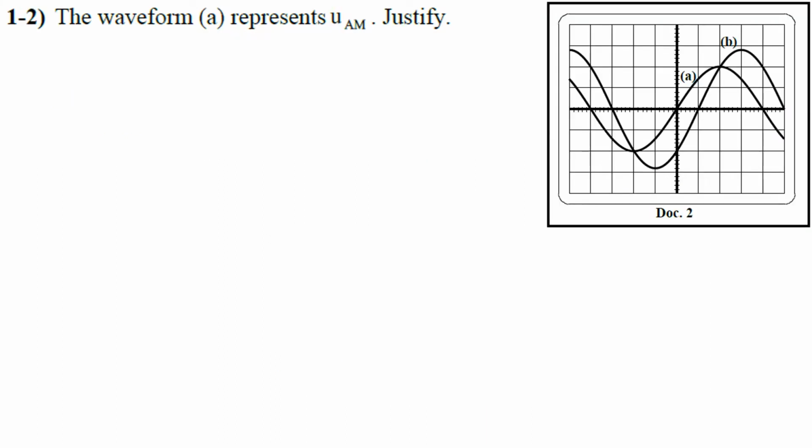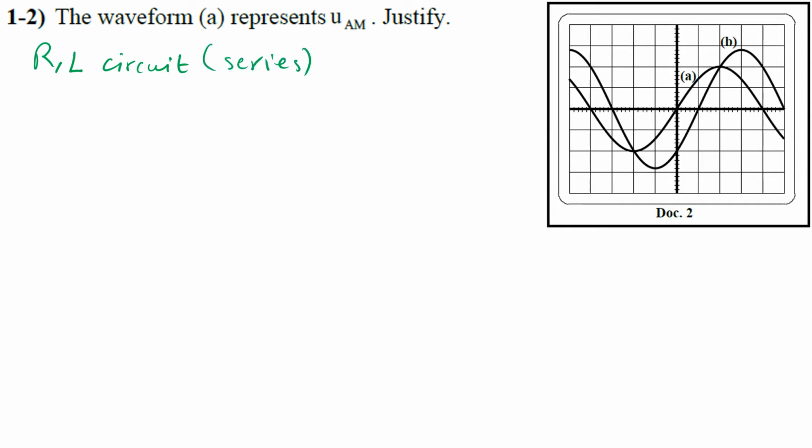The waveform A represents UAM, justified. First of all, this is an RL circuit where the resistance and the coil are connected in series.